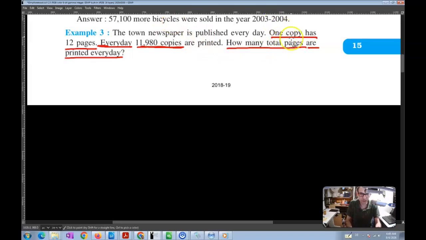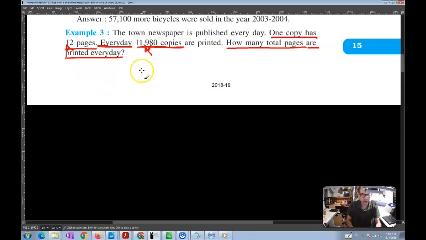I can say that one copy has 12 pages, and since 11,980 copies are printed every day, I have this many copies in a day, and one copy would have 12 pages, so this many copies would have this number times this number of pages, meaning 11,980 times 12 pages.